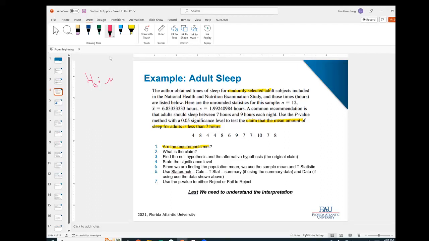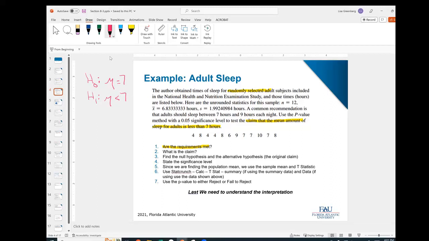So for the null hypothesis, I'm going to say it equals 7, because the null hypothesis always has to have an equal. And then H1, which is my alternate hypothesis, we're going to say mu is less than 7 hours, because that's the claim, okay? So we have the claim, and we've now set it up.